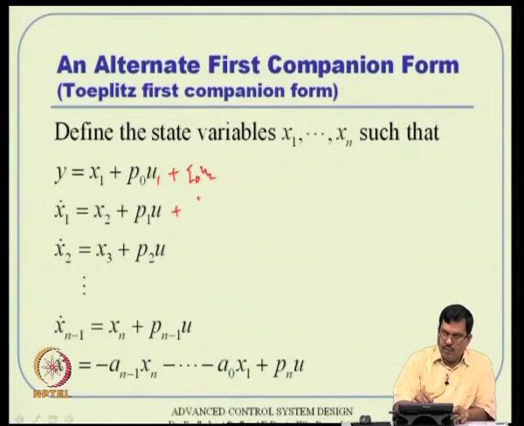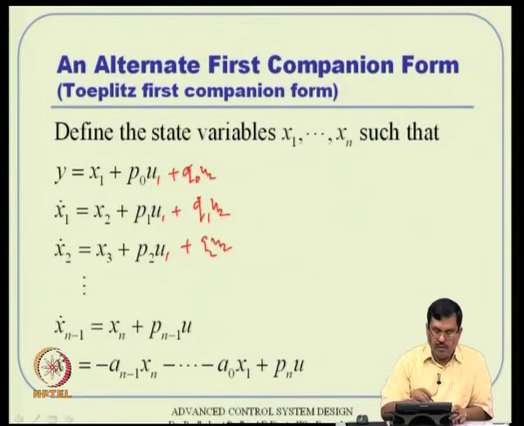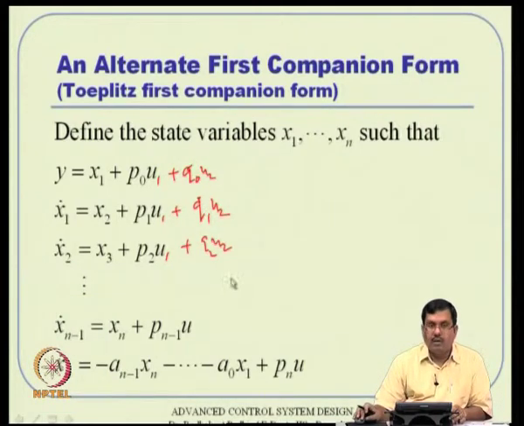So, this is like P1 U1 plus Q1 U2, like that. This is P2 U1 plus Q2 U2, like that. So, I will construct another set of constants or parameters that I need to solve.